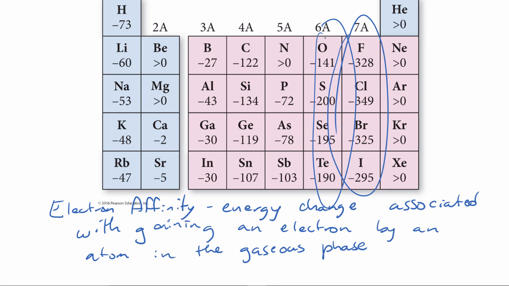There's not as clear-cut of a trend for the electron affinity as there is for the ionization energies, but we can say at least that these here give off plenty of energy for the simple reason that these wind up forming stable ions when they do so. They wind up filling that outer level.